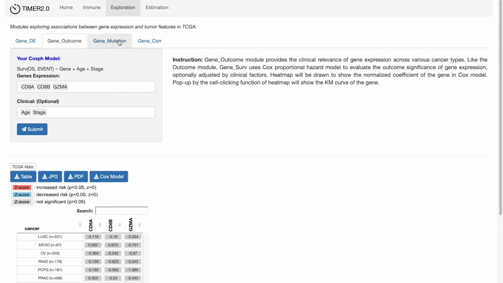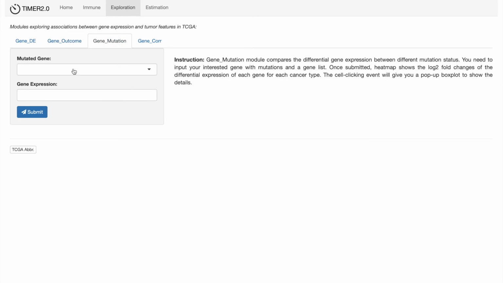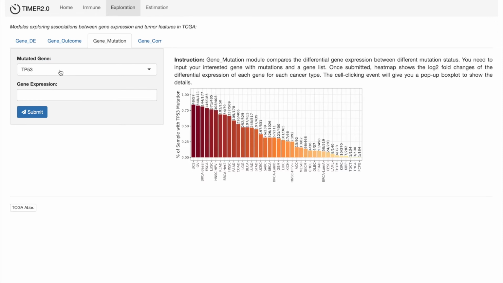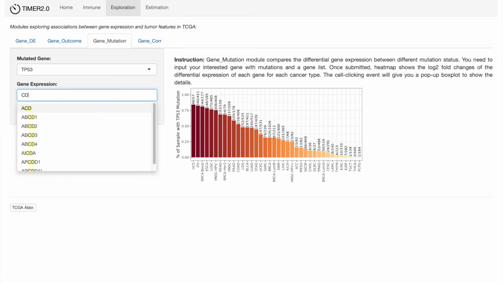And also we can check how a mutation in a gene will affect the expression of other genes. For example, we can check TP53 mutation and test whether the marker gene expression of CD8 T cells is different in the TP53 mutant group and TP53 wild type group.